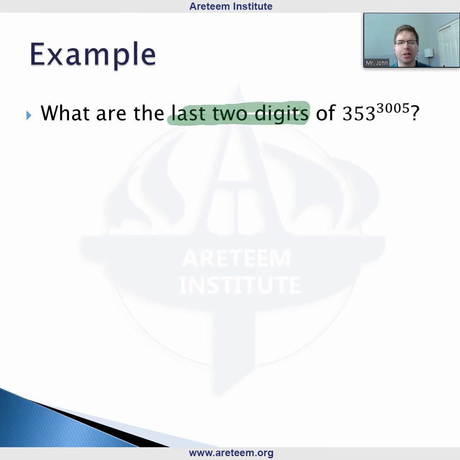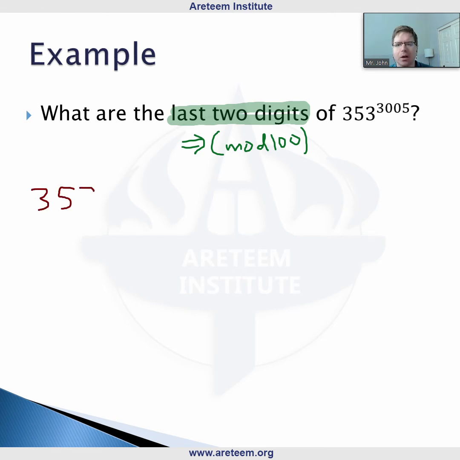Well, remember, last 2 digits, this is basically telling us that we want to work mod 100. So if we have the last 2 digits, we don't care about any place value 100 and above, so we can calculate everything mod 100 in this case. So right off the bat, we don't care about the 3 in front.